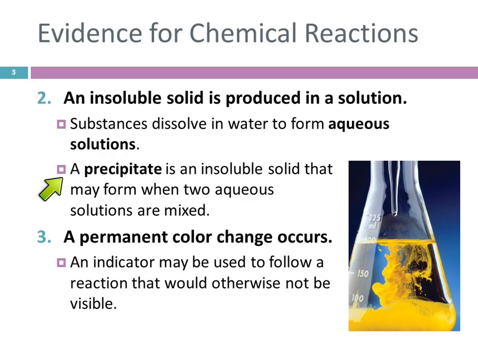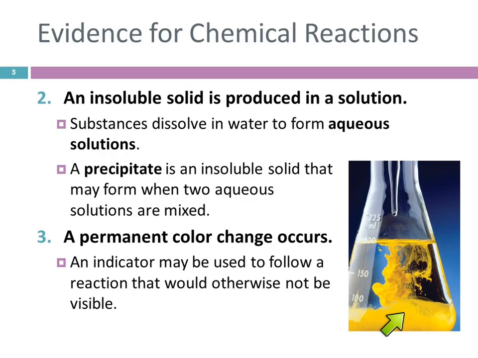We call that solid a precipitate. So the weatherman, when he talks about precipitation, what does he mean? Rain, snow, sleet, hail, something coming down from the sky, right? Here we have a picture of one clear, colorless solution being added to another colorless solution, and we see this bright yellow, cloudy substance being formed.